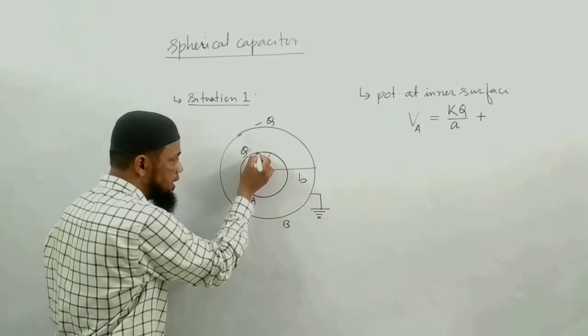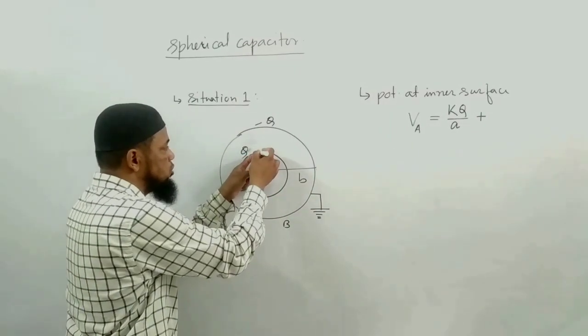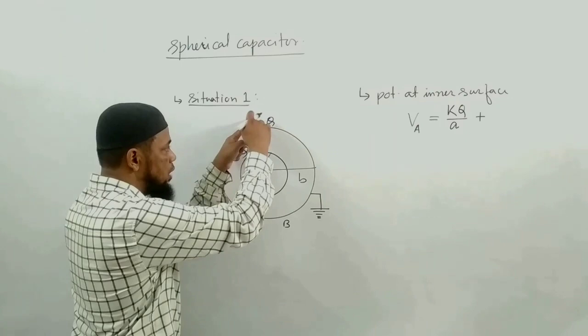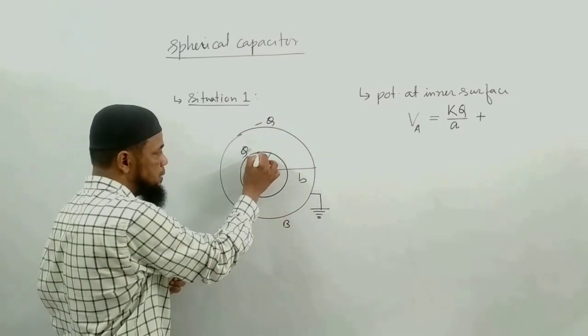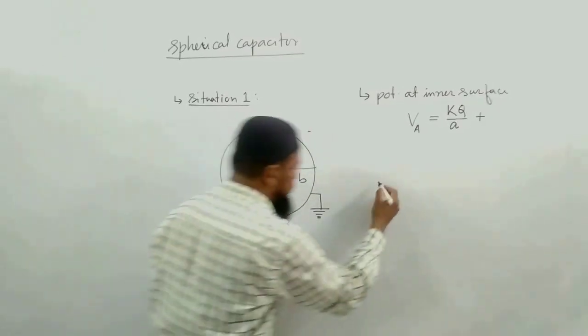Plus, there will be one more potential, because of the outer charge. For the outer charge, this particular point is inside it.